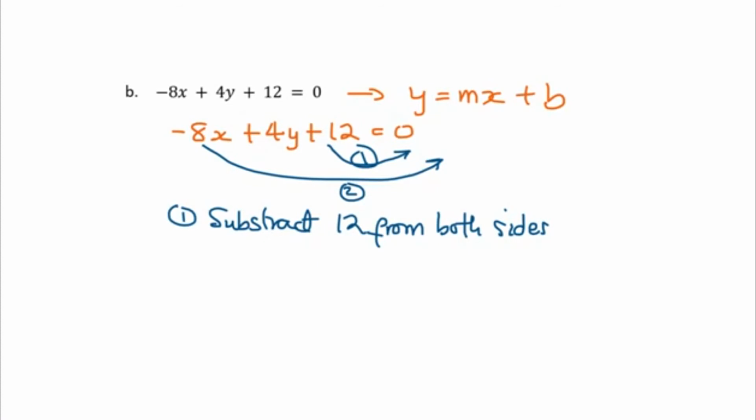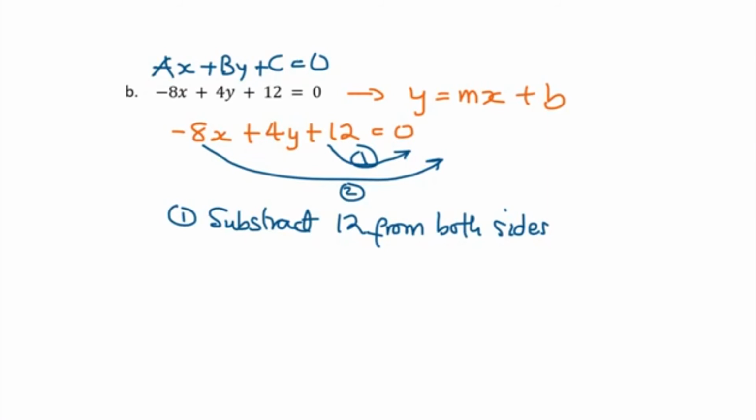And let's just rewrite this as ax plus by plus c is equal to 0. So it means that our c is 12. So if we move our 12 to the other side, it means that you're subtracting.